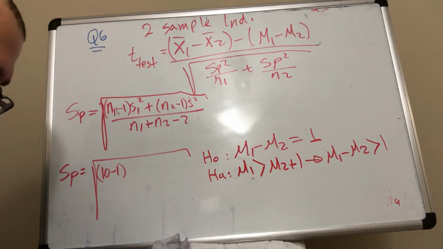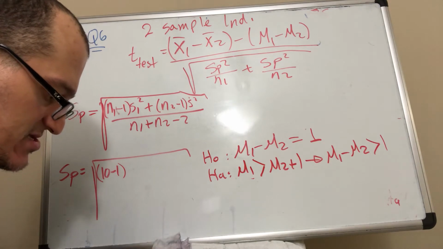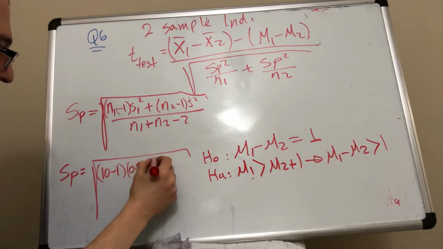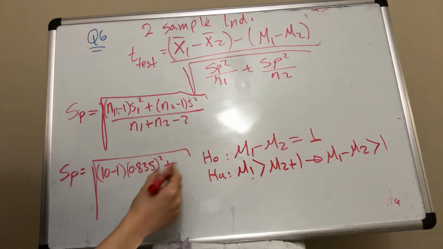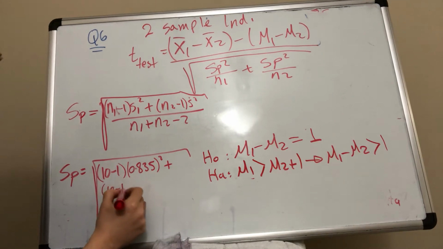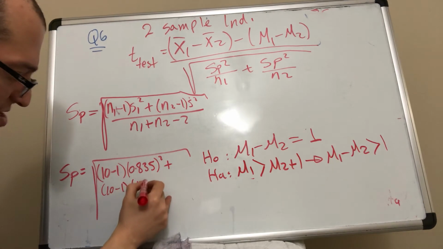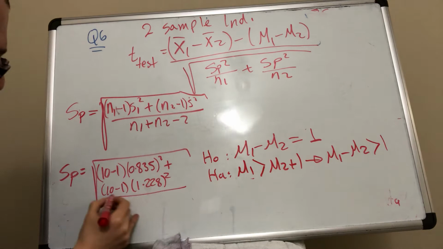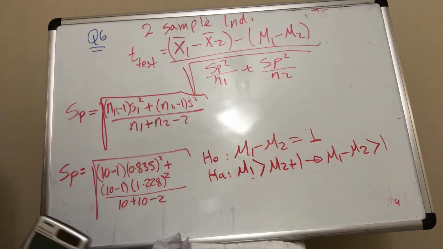And if you go back to the question, the standard deviation when we calculated this was 0.835, so the first one was 0.835 squared, plus, in the same line, sample 2 minus 1, and the standard deviation 2 is 1.228 squared, over sample 1 plus sample 2 minus 2.